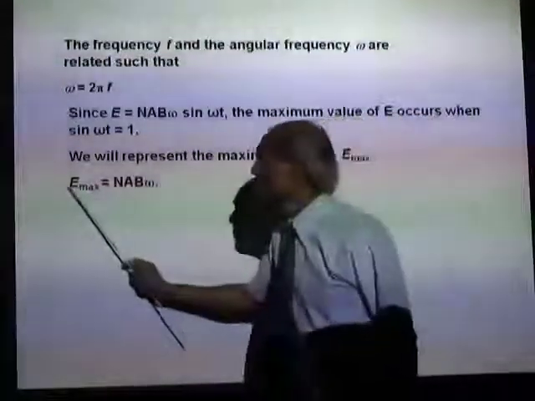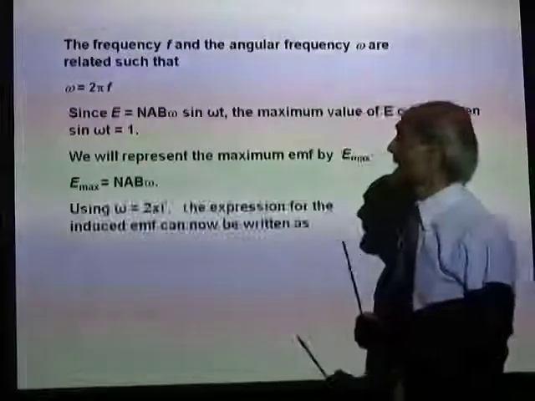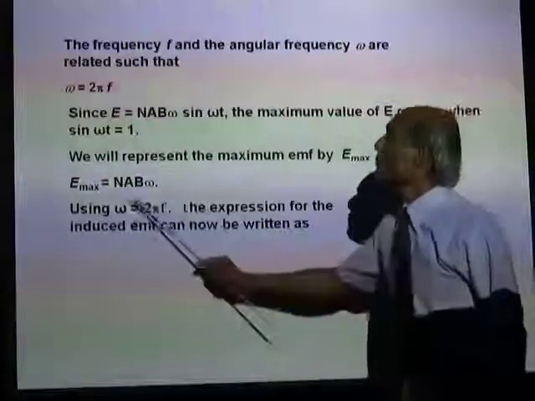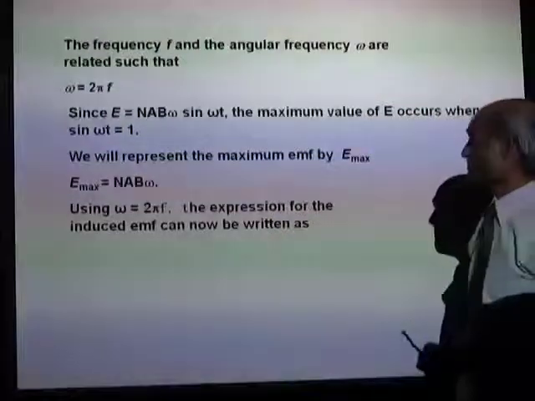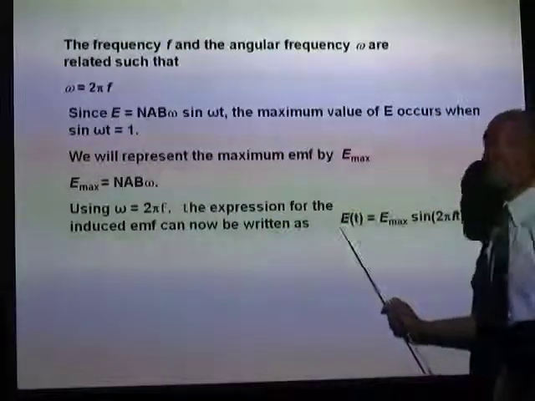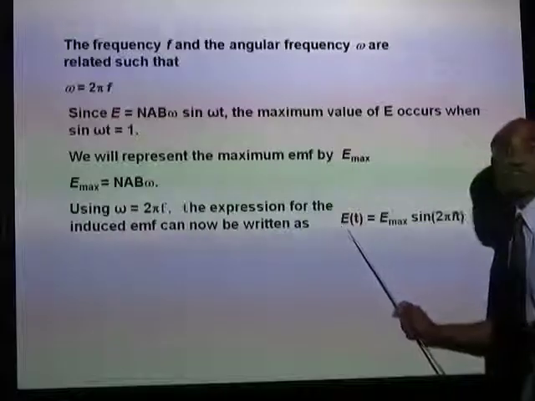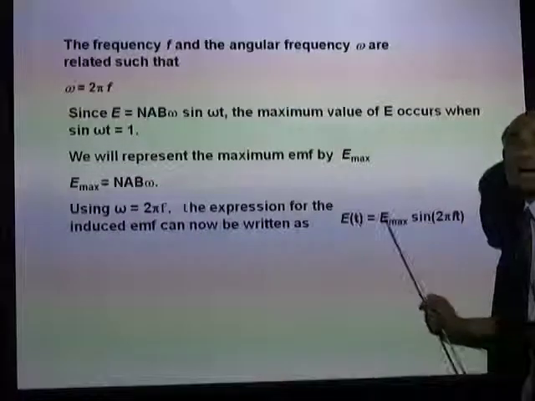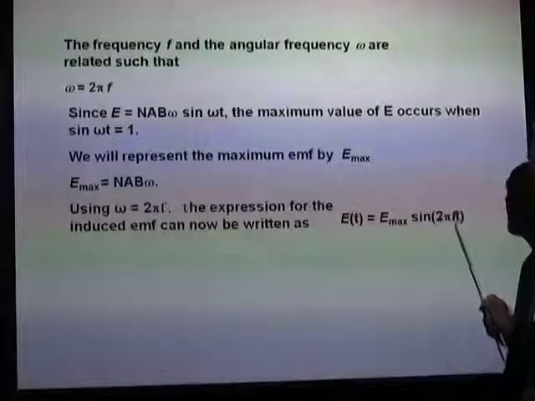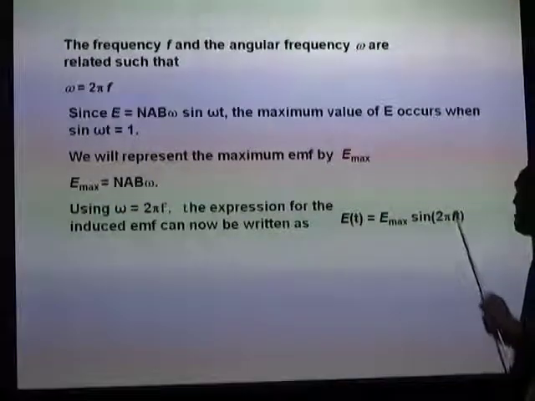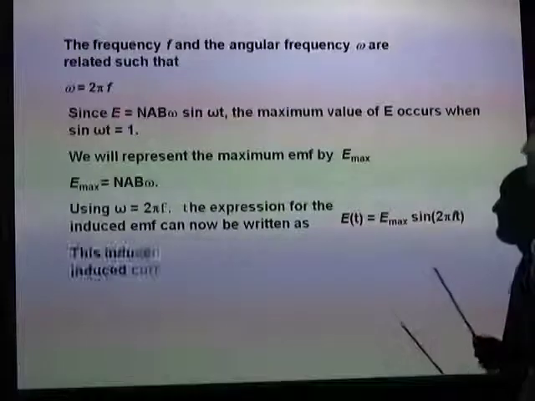And so we can write E max is NAB omega, where of course omega is 2 pi f. We can now write E of t, the induced EMF at any given time, is E max times sine omega t, where omega is replaced by 2 pi f.